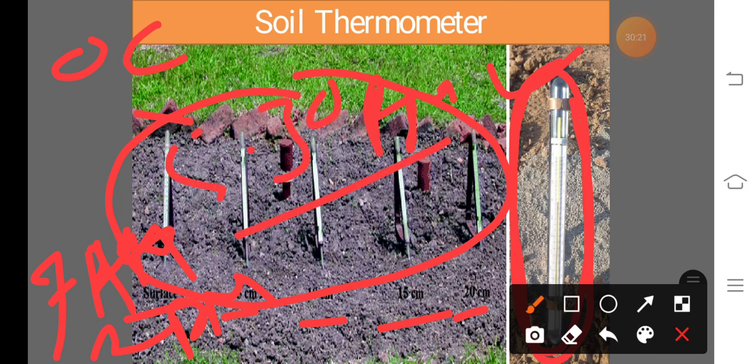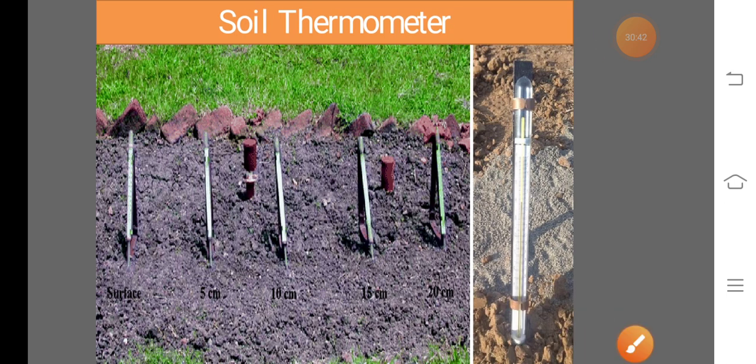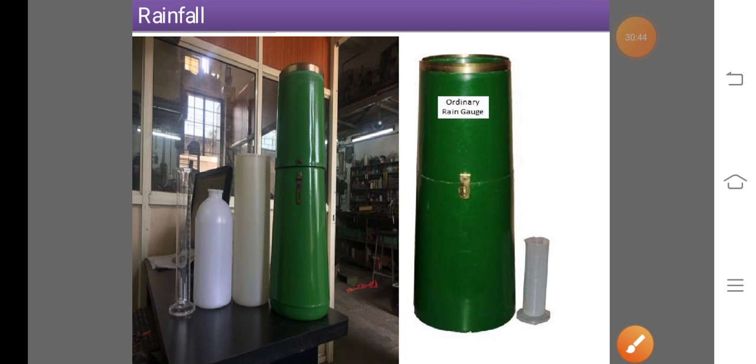Just keep in mind, the soil thermometer is used to measure the soil temperature at different depths from the ground surface: 5, 10, 15, 20 or 30 centimeter. So this is about the soil thermometer, used for the measurement of soil temperature.